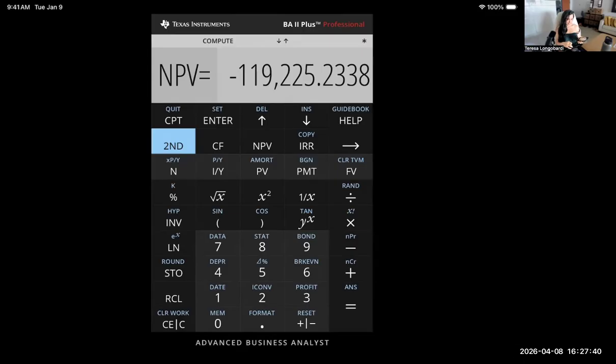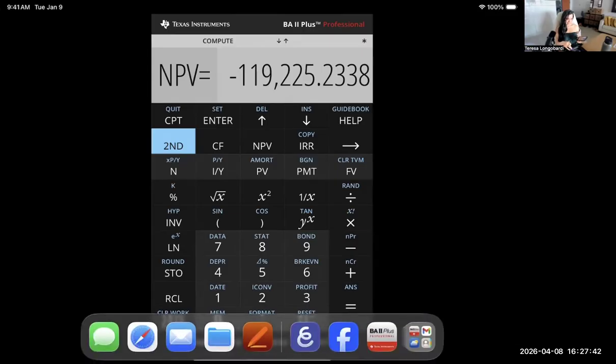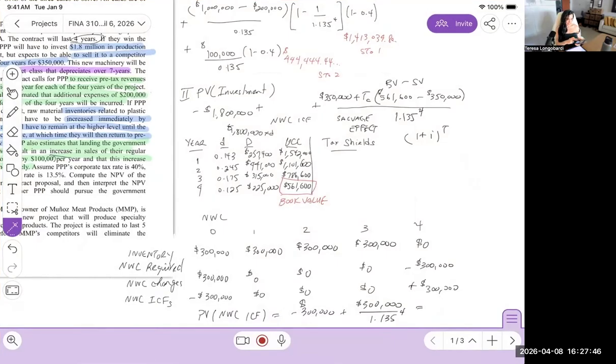So let's put that in here and then we'll add it up and store that. So this is going to be, and yeah, it's a negative because it's an investment. So this ends up being negative 119,225.23.